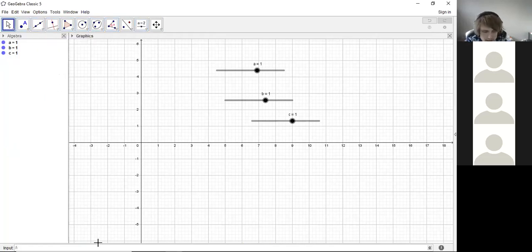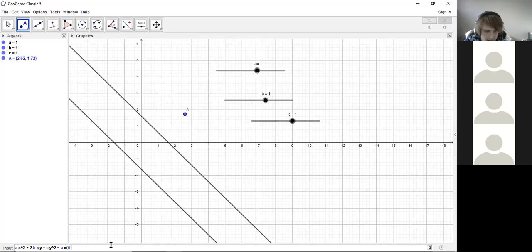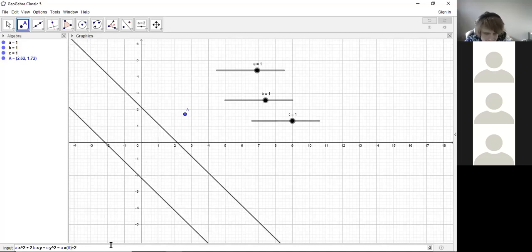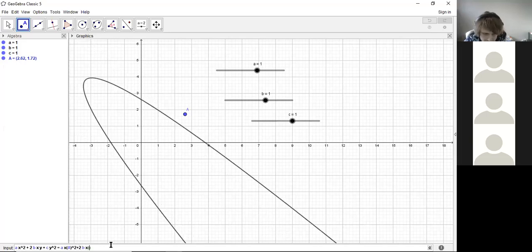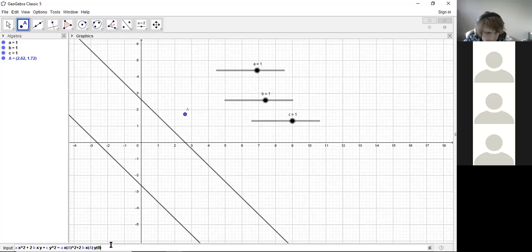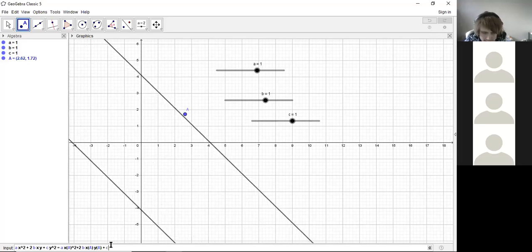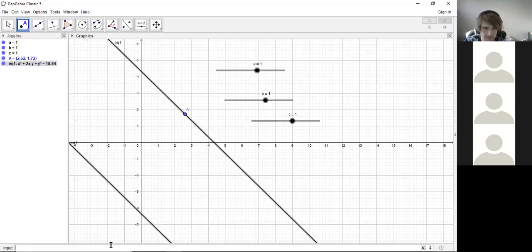All right. So we have A, X. Oh, here, let's put a point. Let's force it to pass through this one. Okay, so we have ax squared plus 2bxy plus cy squared is equal to a x of a squared plus 2bx of a y of a plus cy of a squared.